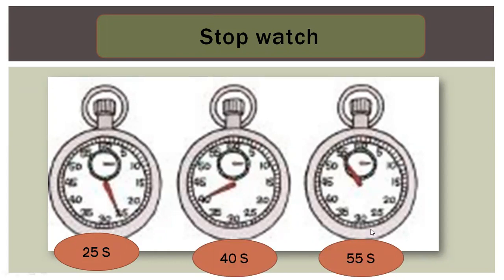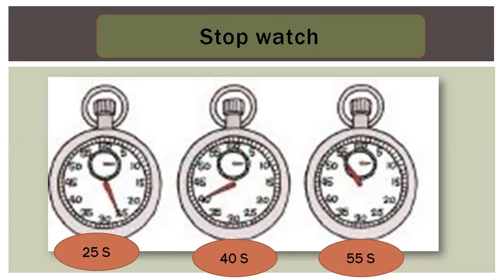So when the needle moves to 60, we will say it is 1 minute. The seconds are small, minutes are big. 60 seconds make 1 minute. 60 minutes make 1 hour. This we are going to write in the notebook later on.